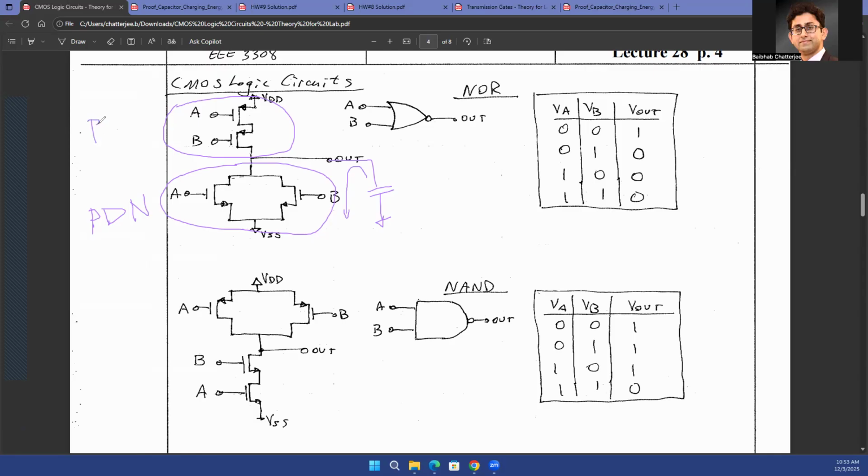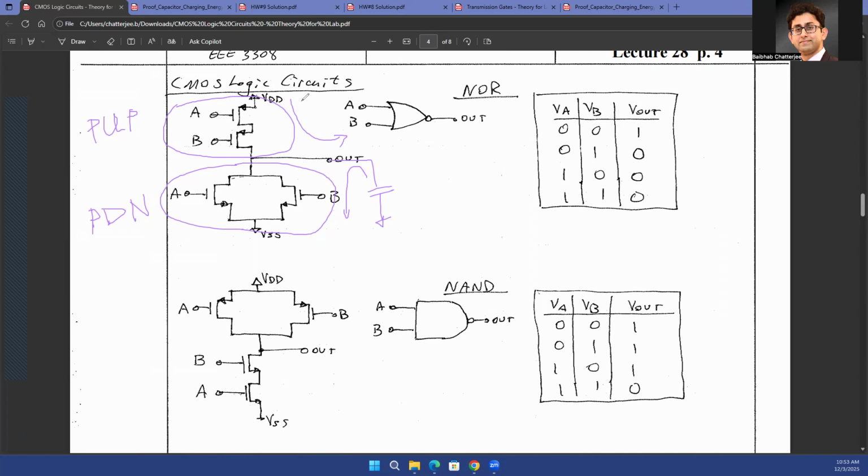On the other hand, you have a pull-up network, which consists of these PMOSs. The job of the pull-up network is to pull up to VDD by charging this output capacitor. So your output capacitor will be pulled up to the VDD level, or the logic high level, using the pull-up network whenever the pull-up network is on.